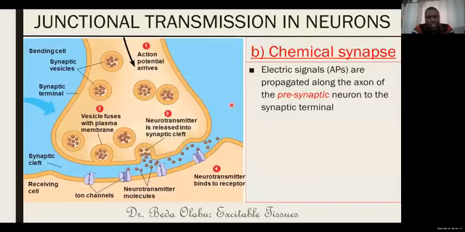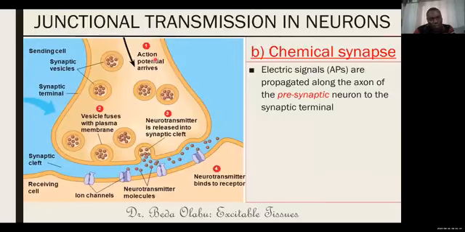That end of the axon is what we are calling the synaptic terminal. So let's consider this to be that situation. This is the end of an axon. This is the dendrite of the next cell, the receiving cell. This is the end of an axon. So this is the cell that is sending signal.